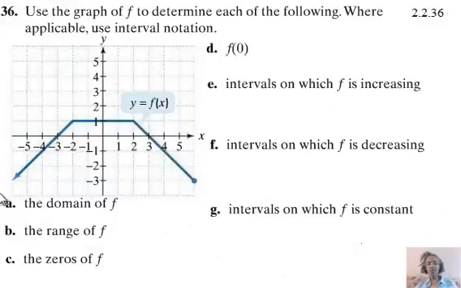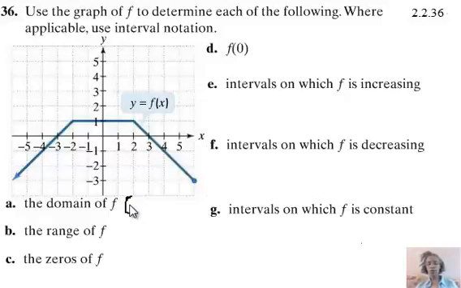if I come in from the left, I see that the function extends indefinitely to the left. So to indicate that in terms of an interval, we're to use interval notation where applicable.